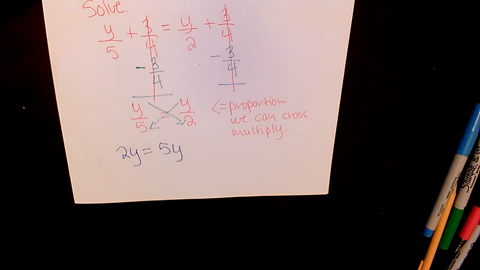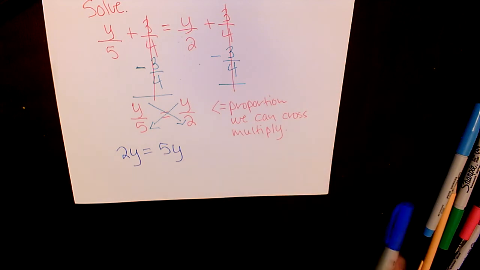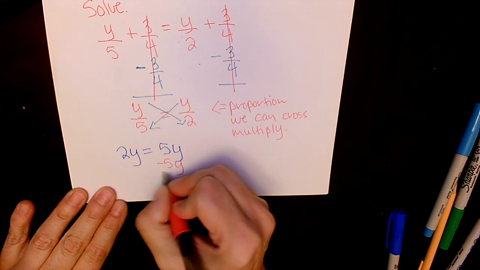So you're saying, did that help us at all? Well, I think it did help a little bit. So we're going to repeat step 2, and we can either subtract 2y from both sides or 5y from both sides. So either way, we'll get the right answer. So I'm going to subtract, what the heck, I'm going to subtract 5y from both sides.